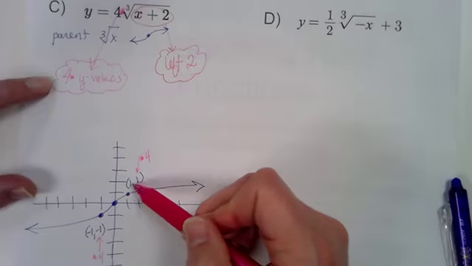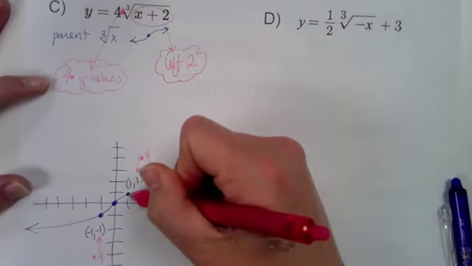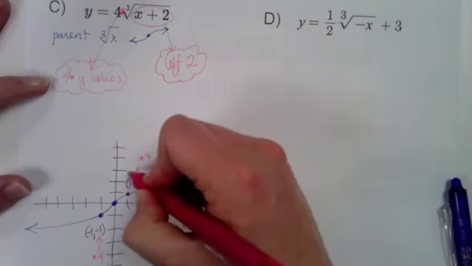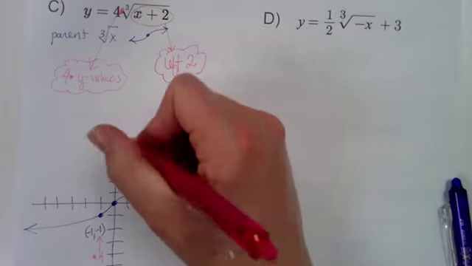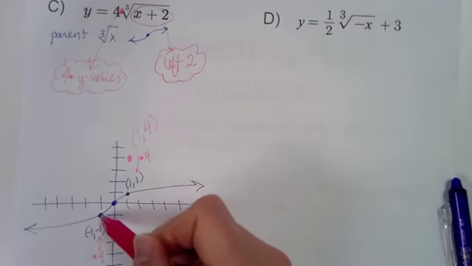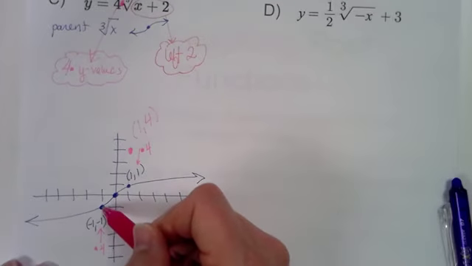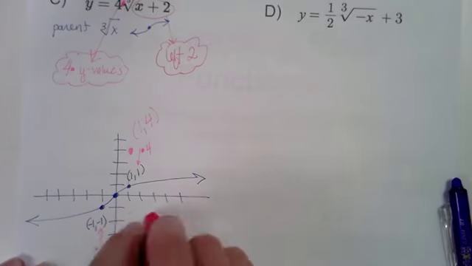So if I have the point 1, 1, what does that point transform into? 1, 4. 1, 2, 3, 4. It stretches up taller vertically and becomes the point 1, 4. And if I have this point -1, -1, what's it going to turn into? -1, -4.